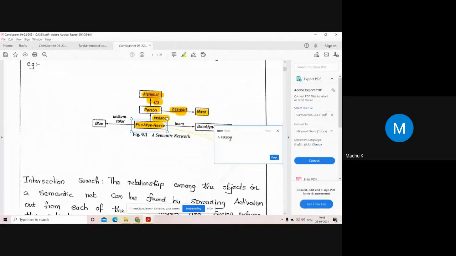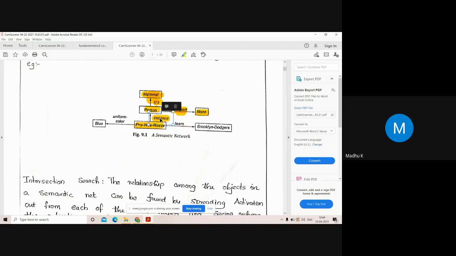For example, Anusri is a particular instance of the girl class. Similarly, Fajr is a particular instance of the boys class. That type of relationship is represented using the instance relation.